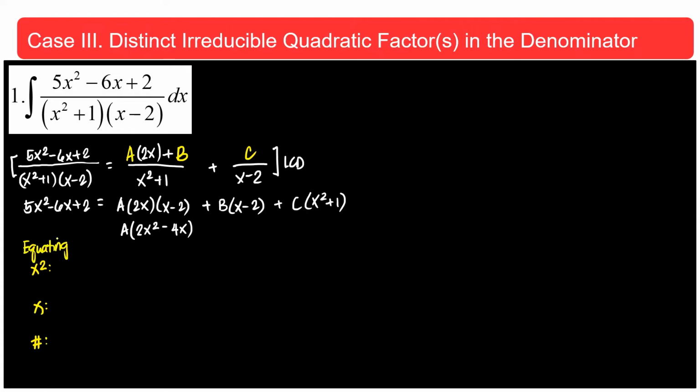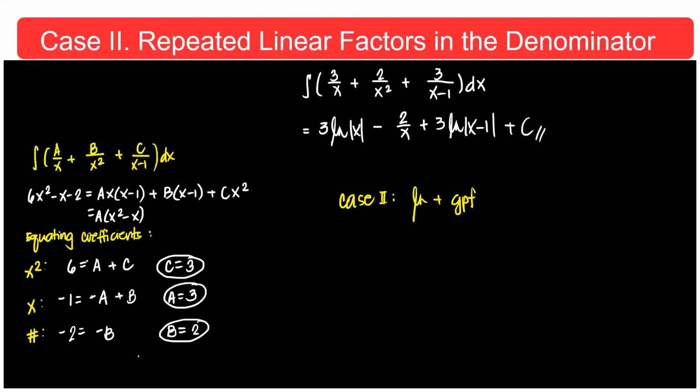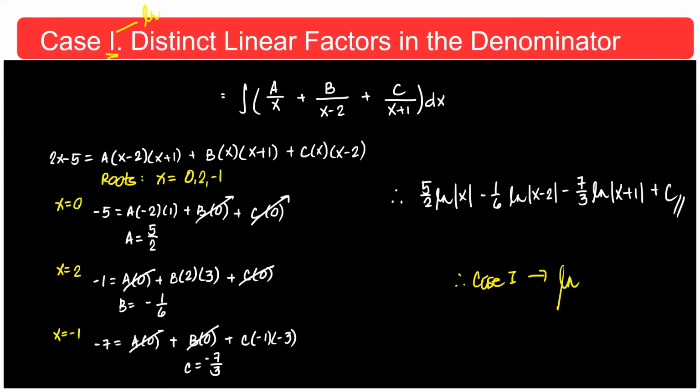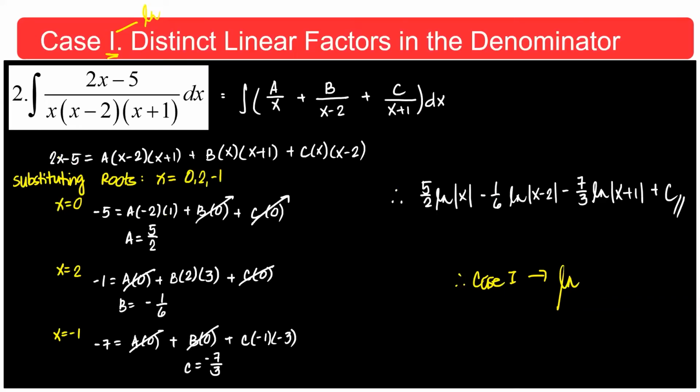Equating coefficients. So if I call this equating coefficients, what have I been doing here? This one is substituting the roots. Substituting the roots, this is really good if it's for case number 1.